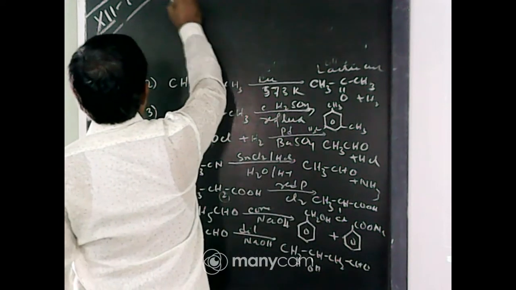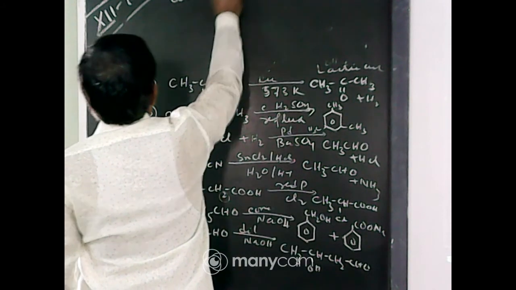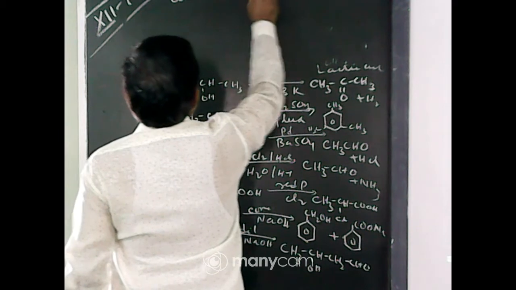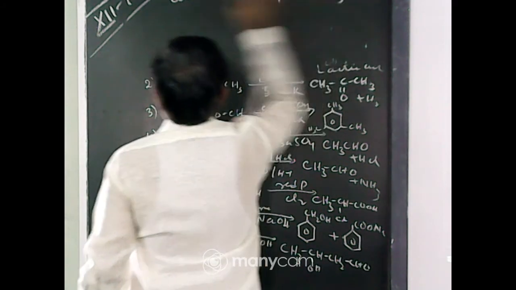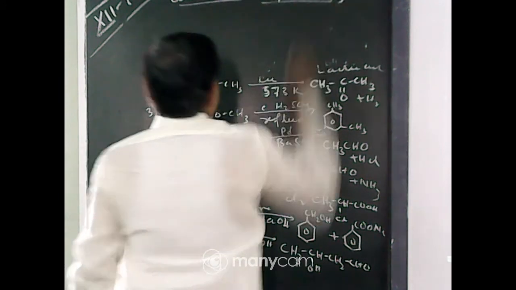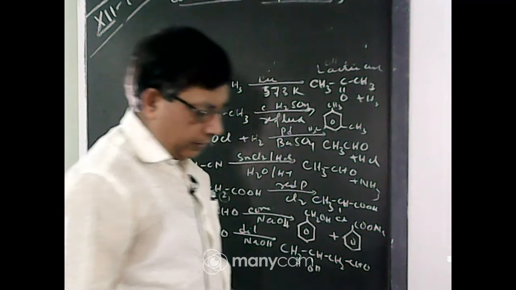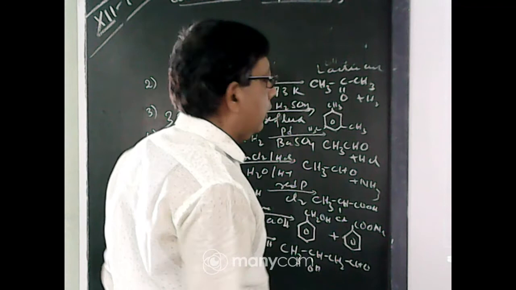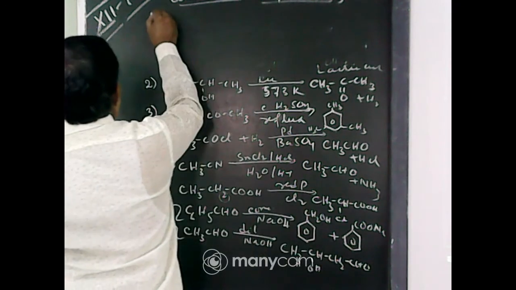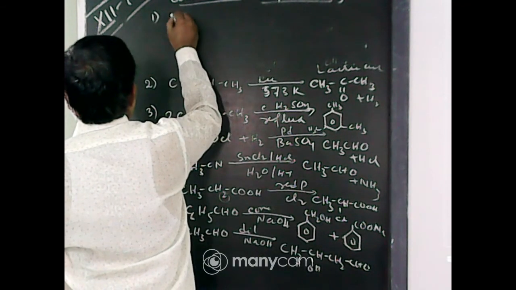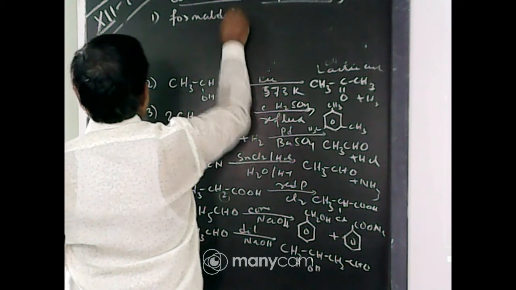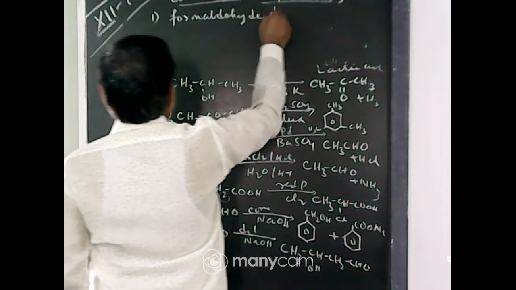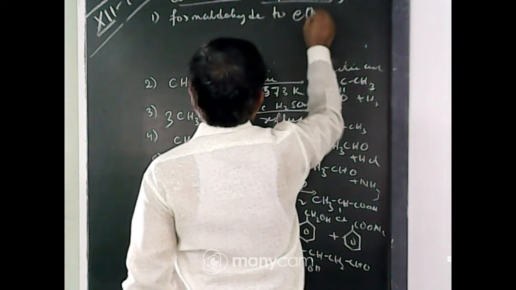Next, convert the following. Conversion, this is also a very important type of reaction. Number 1, formaldehyde to ethanol.